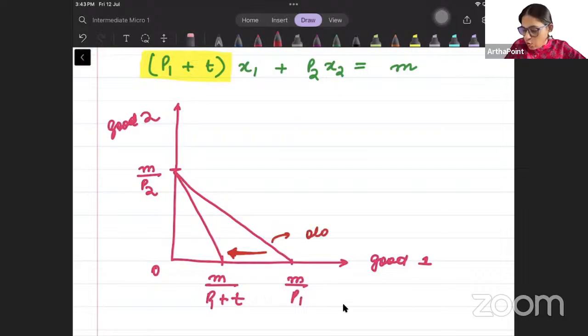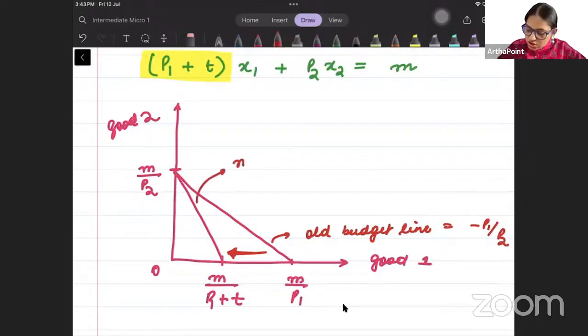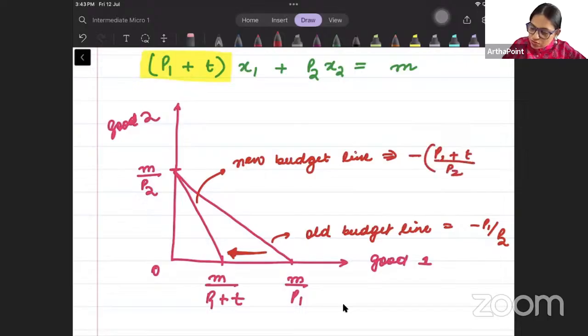Acha, this is my old budget line. Bache, what is the slope of this old budget line? Minus P1 by P2. This is my new budget line. What is the slope of new budget line, beta? Minus P1 plus T by P2. है ना?